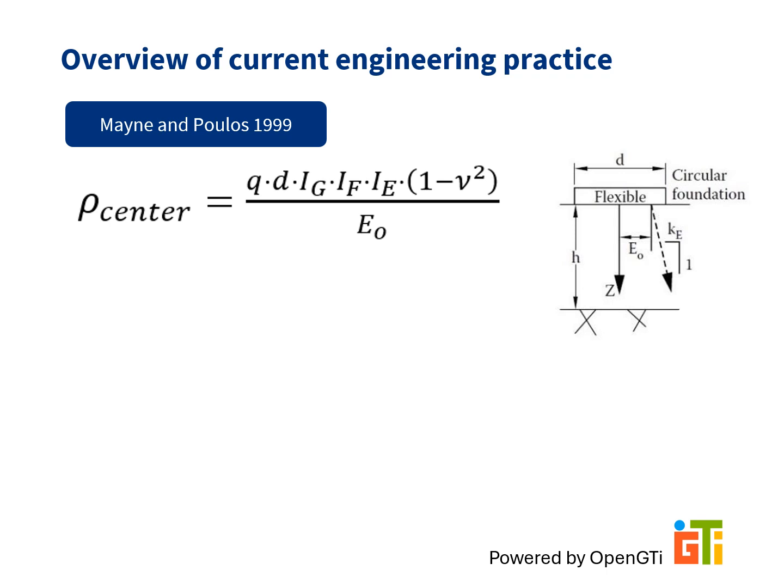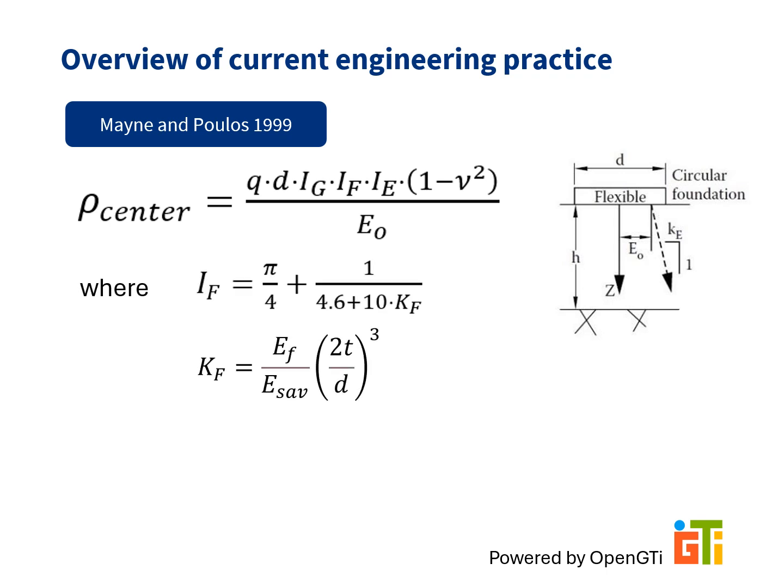In this example, we will focus on the inference factors, IF, IE, and IG. The foundation flexibility inference factor, IF, is approximately given by this equation, where EF is the footing Young's modulus, ESAV is the average soil Young's modulus, and T is the footing thickness.